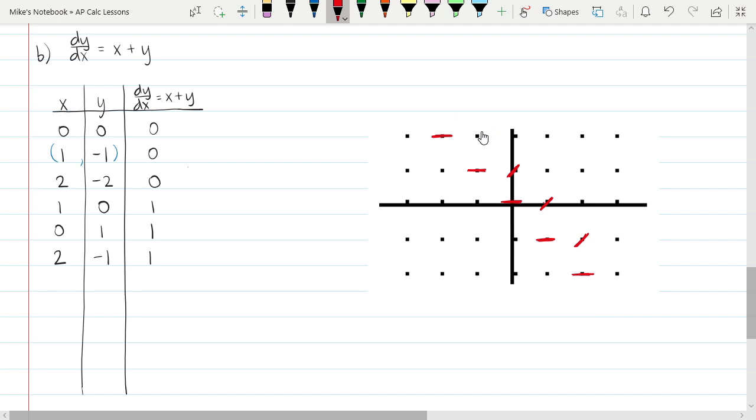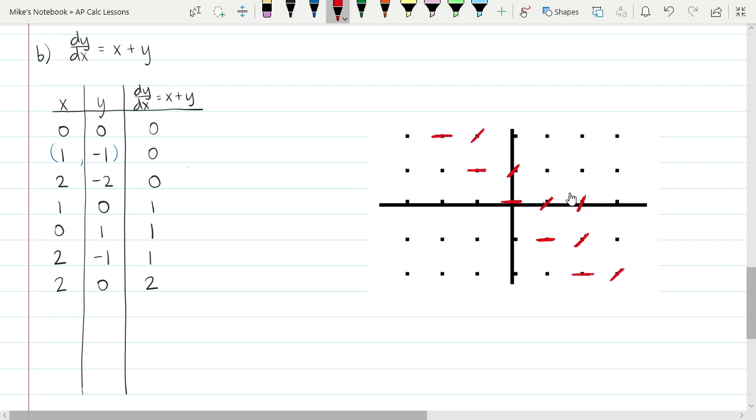All right, so that means I'm going to go ahead and fill in this slope right here and this slope right here. Again, you want to try to make them all as parallel as possible. So now, at 2, 0, that's going to be a slope of 2. So again, that's going to be a little bit steeper than the slope of 1 that we just used.